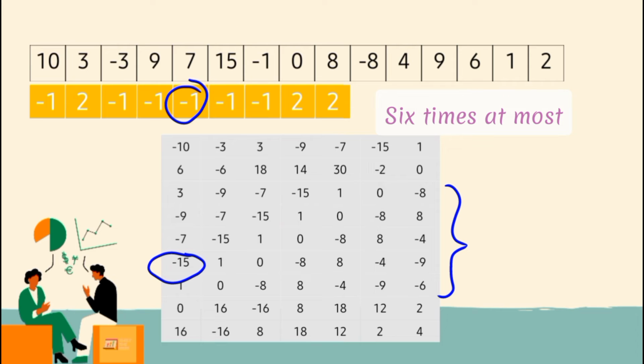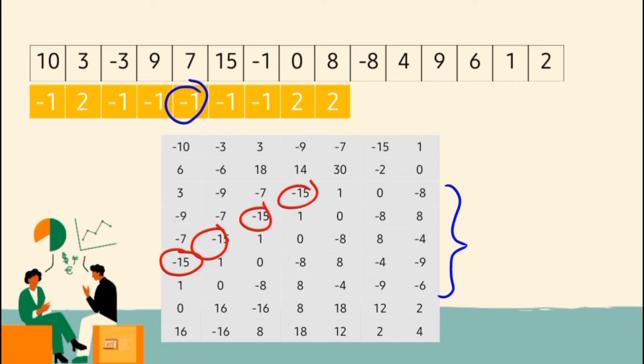Because let me color it differently. So 1, 2, 3, 4, 5. Oh, actually 5 depends on the location of the kernel. But you got my point.